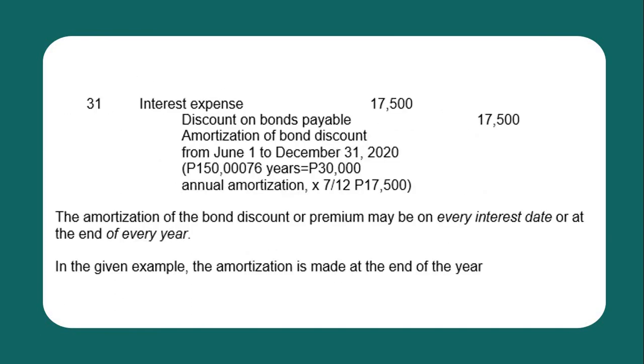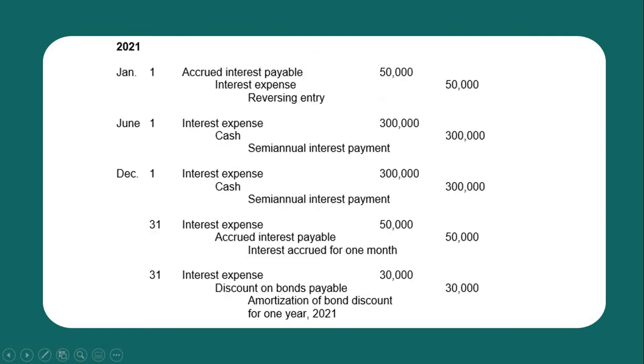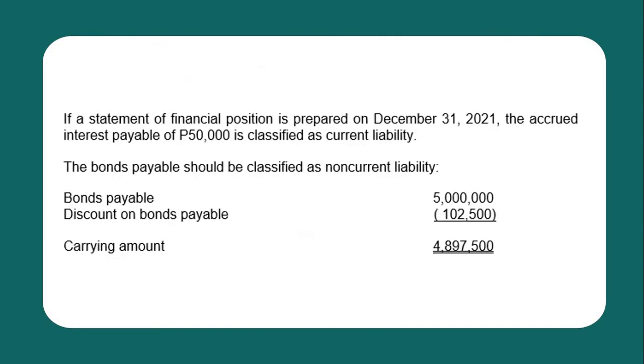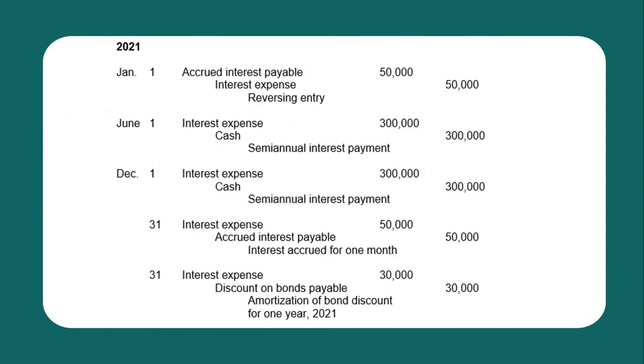Okay, let's take a look back at the previous entries. In 2020, our amortization is 17,500, plus our amortization in 2021 of 30,000. So, all in all, the accumulated amortization as of 2021 is 47,500, not 37,500.